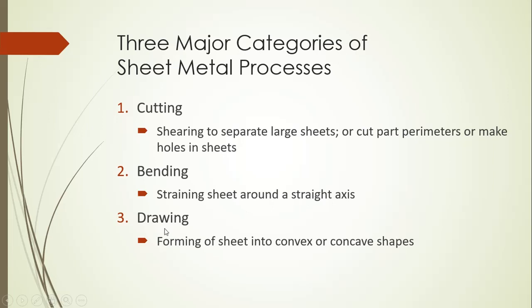Then drawing operation, which is nothing but forming of sheet into a convex or concave shape. Drawing means, suppose we have to manufacture a pot without cutting that particular portion. In drawing we are not creating a shearing action, we are creating a forming.